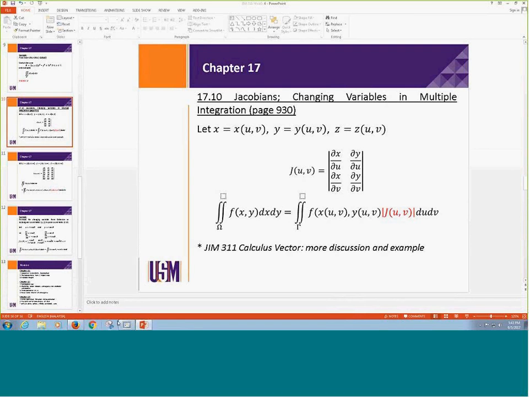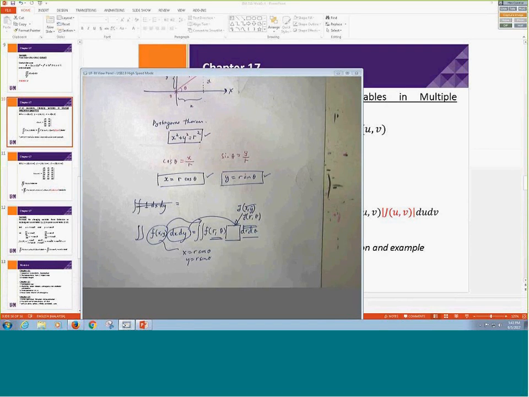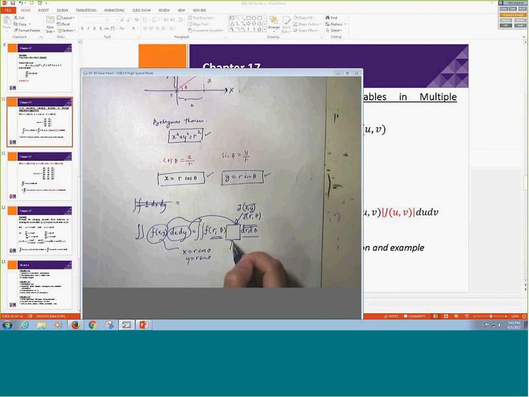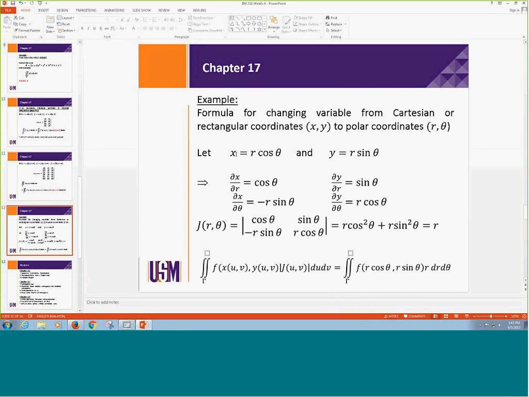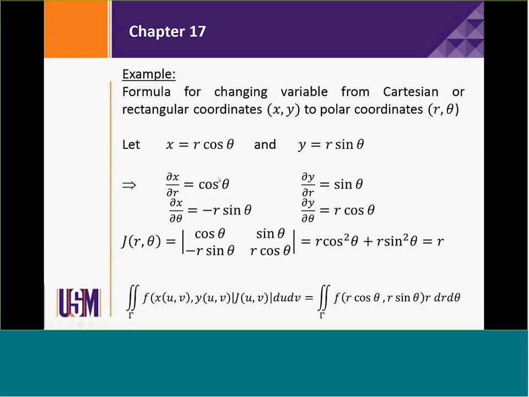So how do we obtain the Jacobian here? We know that x equals r cos theta. So del x del r is cos theta, del y del r, del x del theta, del y del theta. So when we find the Jacobian, we have cos theta, sine theta, negative r sine theta, r cos theta.